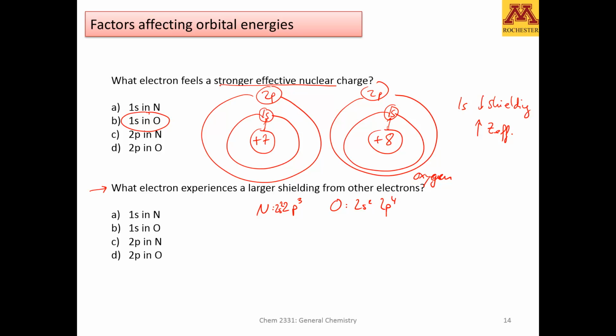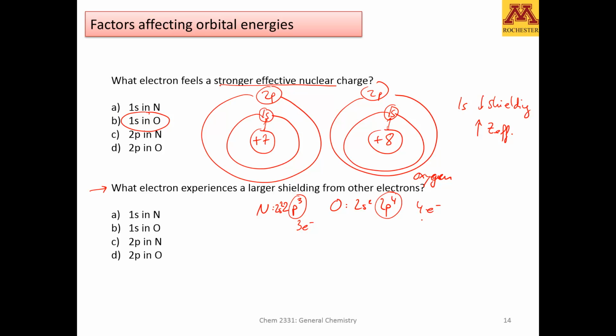We already decided that the 1s will have small shielding. So it's either the 2p of nitrogen or the 2p of oxygen. Notice that in the 2p for oxygen, there are 4 electrons bothering each other, and in nitrogen there are 3 electrons.